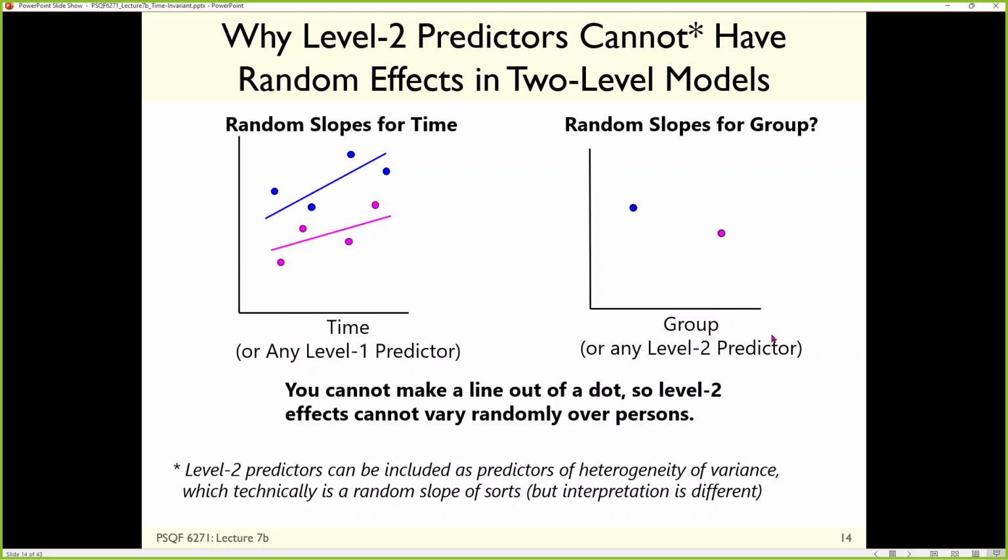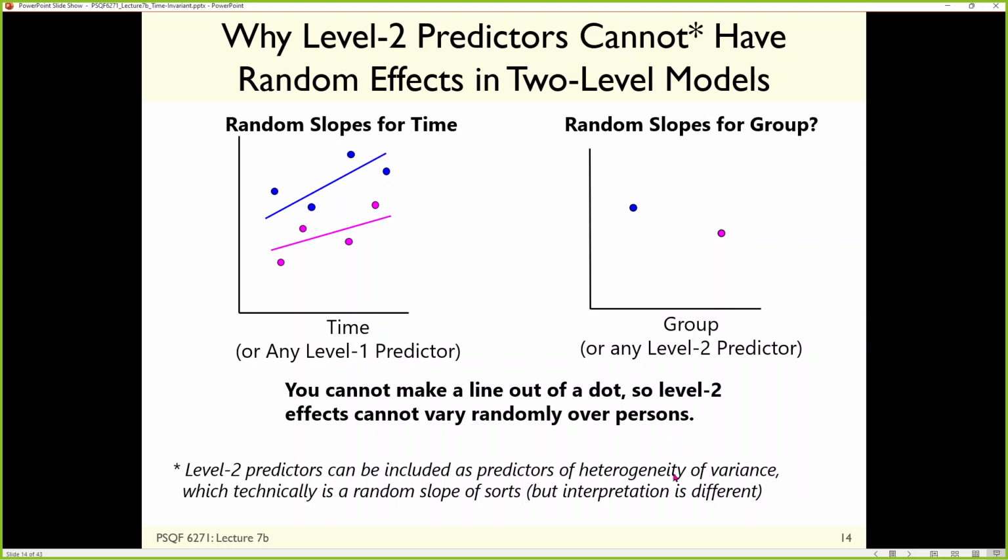But if I make the x-axis group, like whether they were assigned to a control group or a treatment group in a between subjects design, then at each occasion, they're in the same group. So I've got 4 blue points stacked on top of each other and pink 4 points stacked on top of each other, and I can't draw a line through a dot. So there's no such thing as a random slope for a level 2 predictor in a 2-level model.